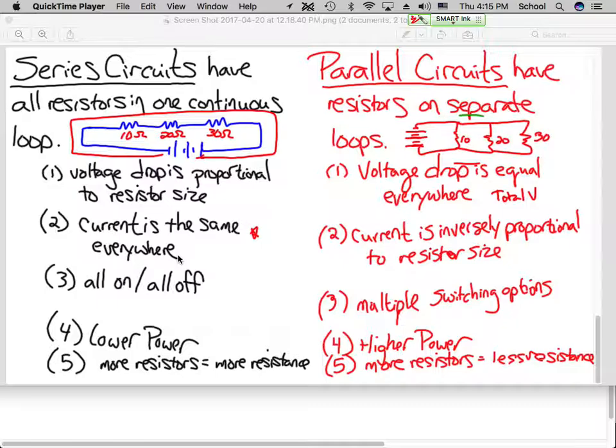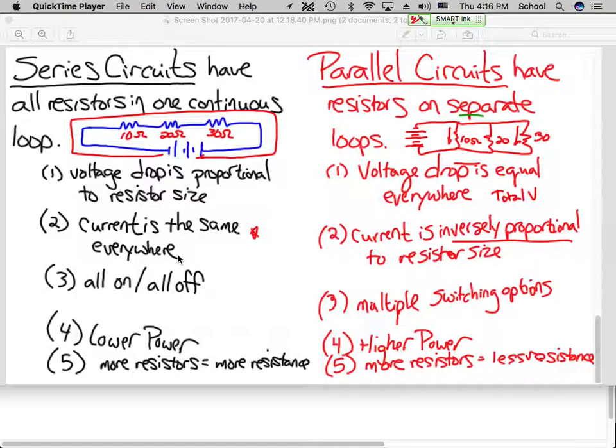Well, what happens here is the current through a smaller resistor, if we have less resistance, we have more current. And so this one is going to have a lot of current going through here. We're going to have less current going through here. How much less? Again, it's inversely proportional. So if 10 is 1/3 of 30, then it's going to have 3 times more. You look at that ratio there.